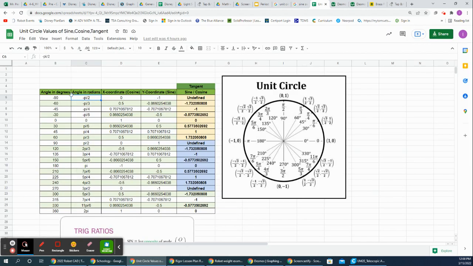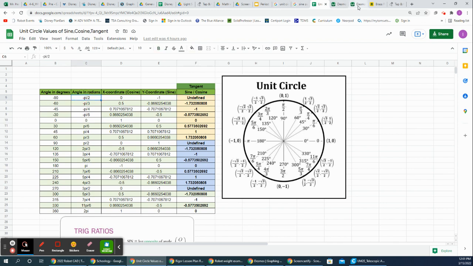All right, so we're going to start at negative 90 or negative pi over 2. And notice that it's undefined. Because it's undefined, we're going to use a vertical broken line to show that it's undefined.